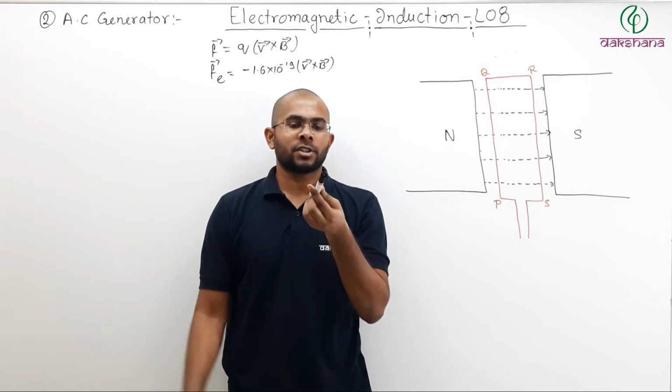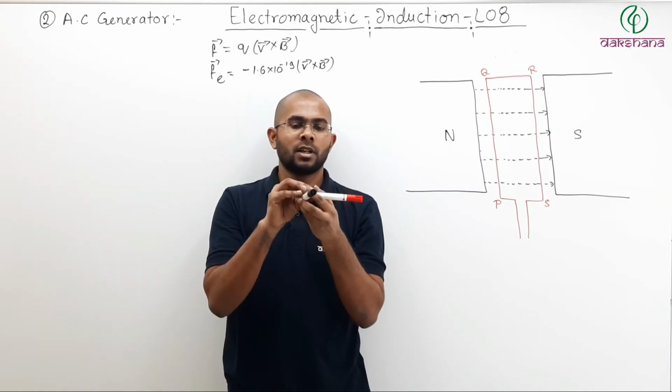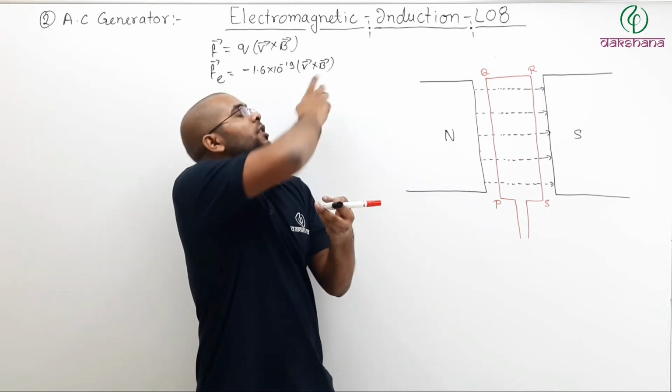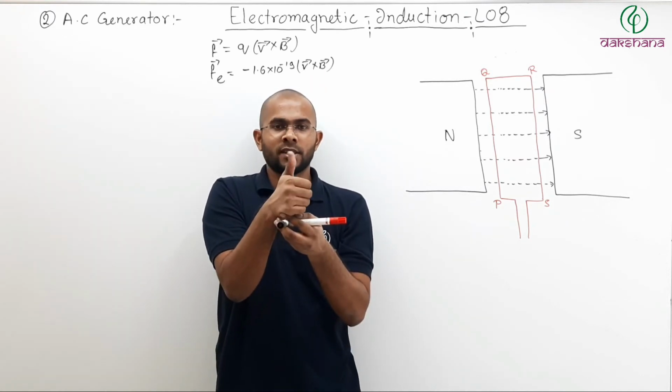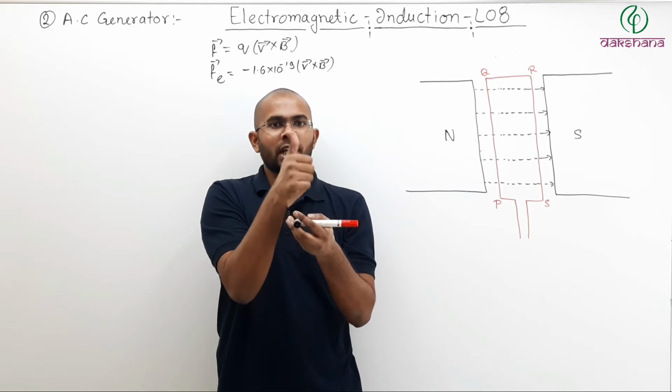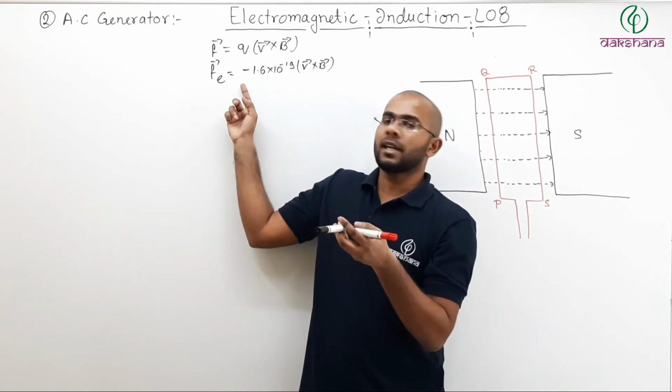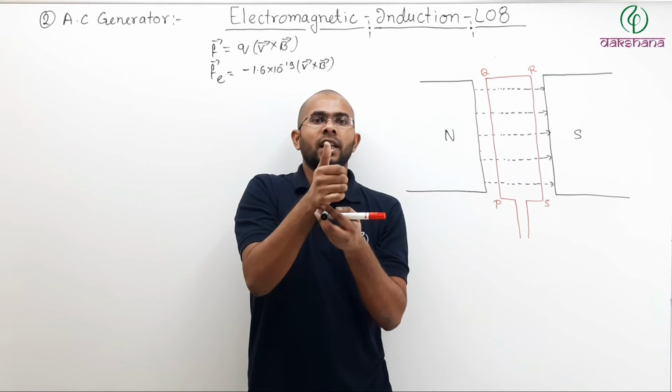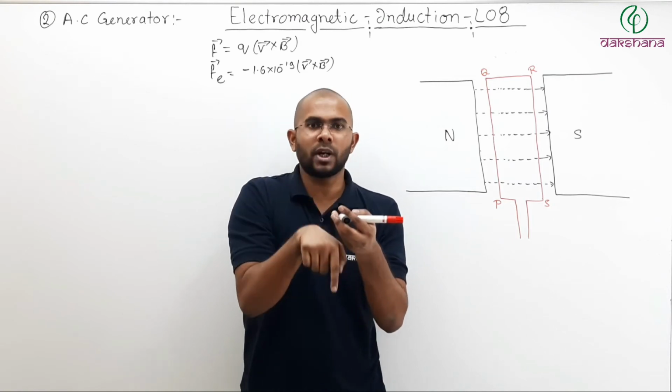This is the field direction. So what is V cross B? V cross B is upward, but here there is a minus sign, meaning the force on the electron will be in the downward direction.